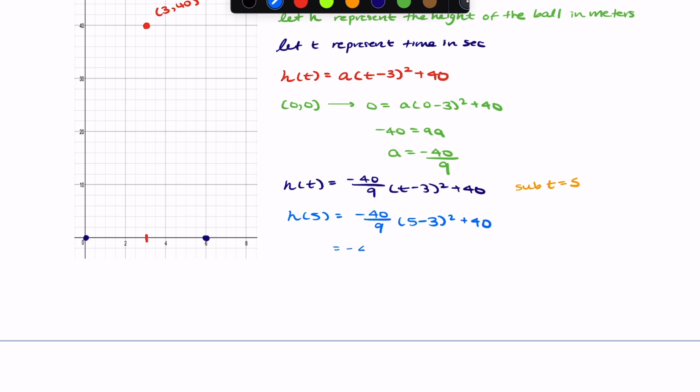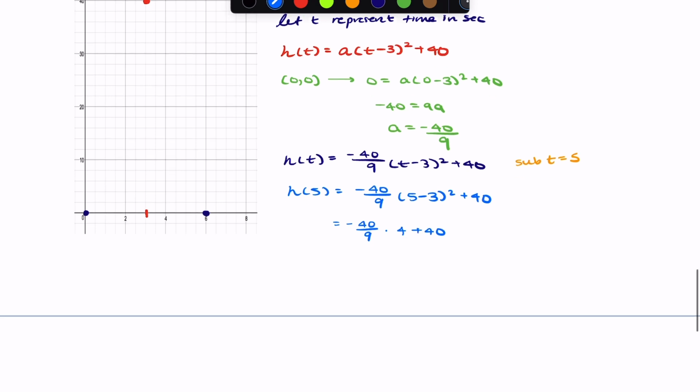So that's equal to negative 40 over 9 times 4 plus 40, which is equal to negative 160 plus 360 over 9 if we make it into a common denominator, which is equal to 200 over 9.